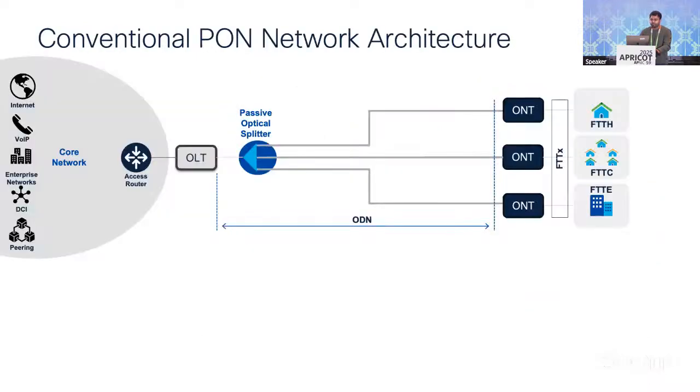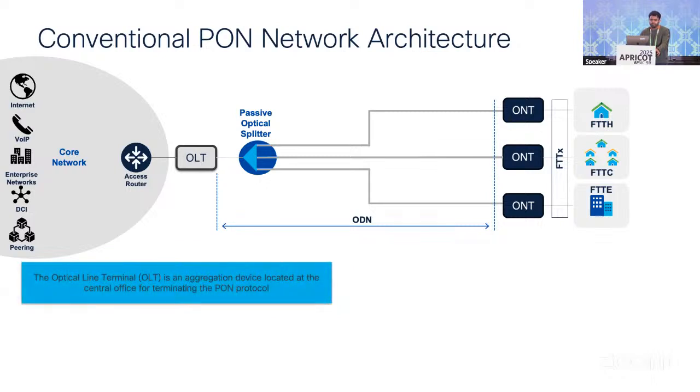In a conventional PON architecture, moving from left to right, we have a core network, which has the service provider infrastructure connecting us to different points: internet, voice over IP, enterprise network, DCI, peering, everything. Towards the edge of this core network, we will have an access router. To this access router, we connect the OLT that we saw, then a passive optical splitter, and then the ONTs. The passive optical splitter and the fiber form the optical distribution network.